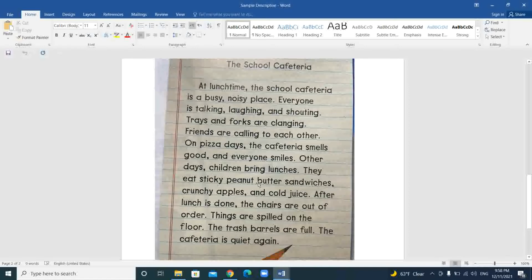They eat sticky peanut butter sandwiches, crunchy apples, and cold juice. After lunch is done, the chairs are out of order. Things are spilled on the floor. The trash barrels are full. The cafeteria is quiet again. Okay, this is an example of a person describing her school cafeteria.